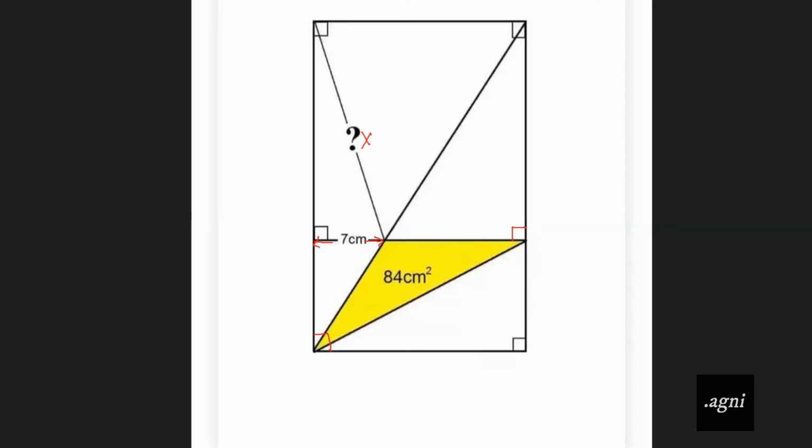Now, to explain the very fundamental theories we're going to use for this question, consider this two-dimensional shape, a square, where all the sides are equal to each other.